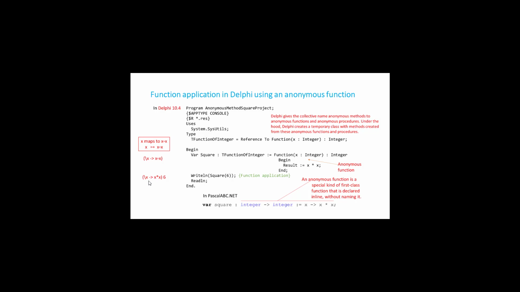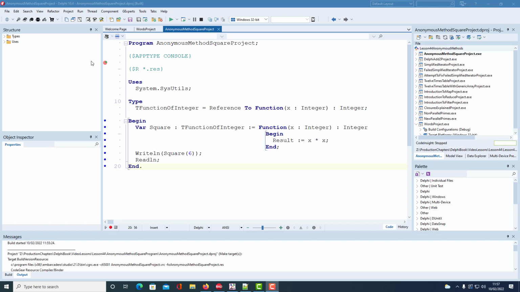So next we're going to have a look at running this program and testing that it does in fact calculate the result expected. Here we are in the Delphi 10.4 IDE. I've preloaded the program AnonymousMethodSquare project.